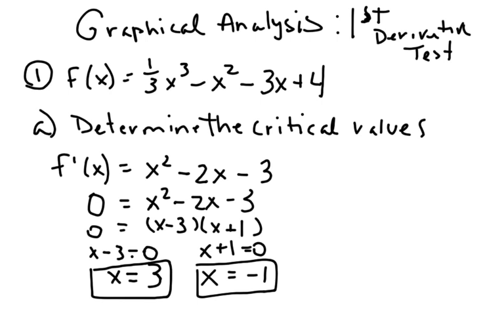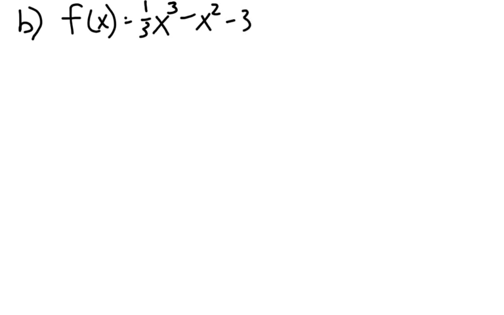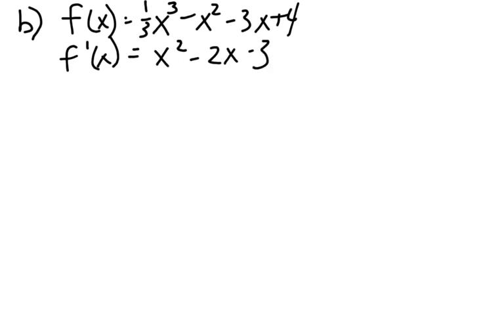Alright, now let's go on to part B. Part B for this function, which I'll copy again, f of x equals 1/3 x cubed minus x squared minus 3x plus 4, and we already figured f prime of x was equal to x squared minus 2x minus 3.